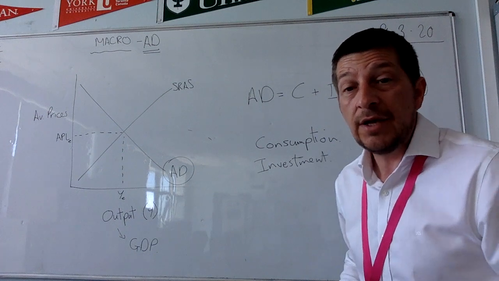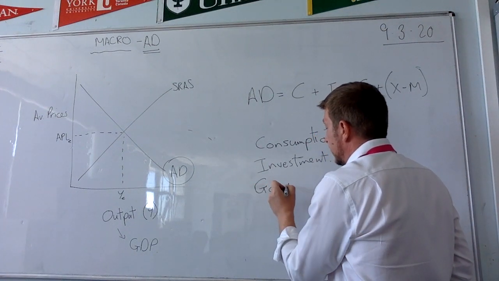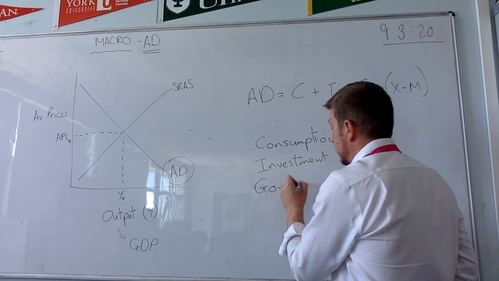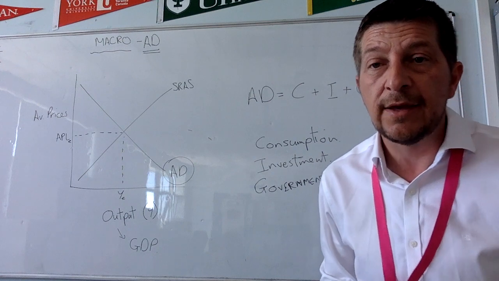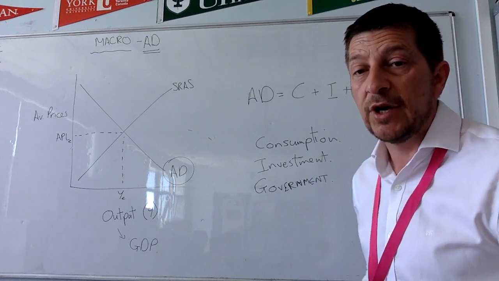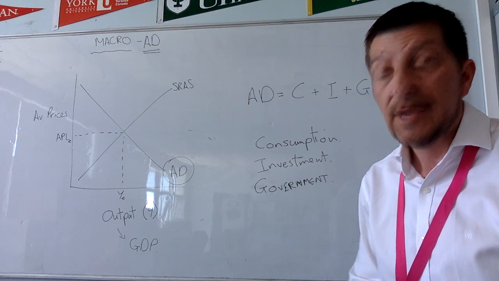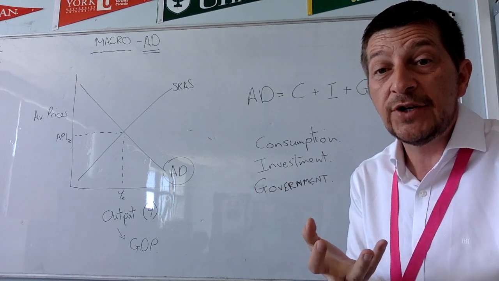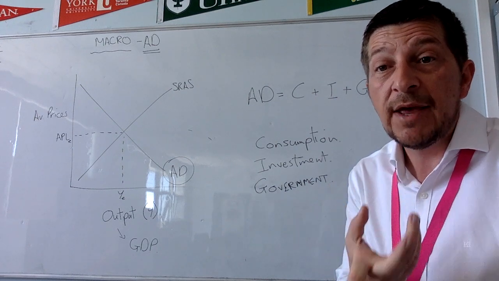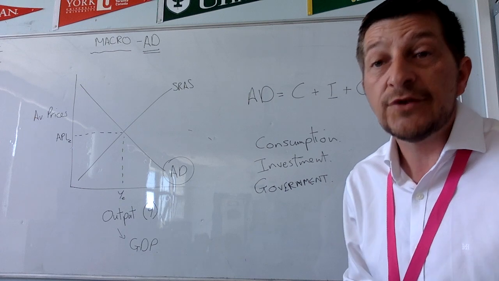Thirdly, you've got G. G stands for government spending or government expenditure. This is public finance. This is investment in infrastructure, investment in healthcare, investment in education, paying for pensions, paying for unemployment benefits, paying for subsidies.